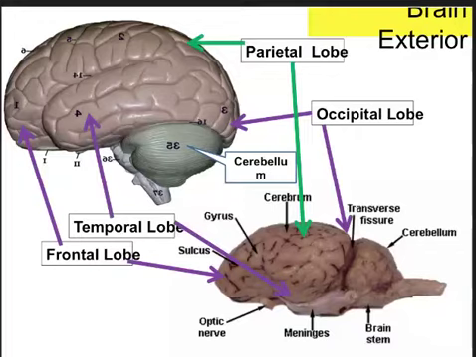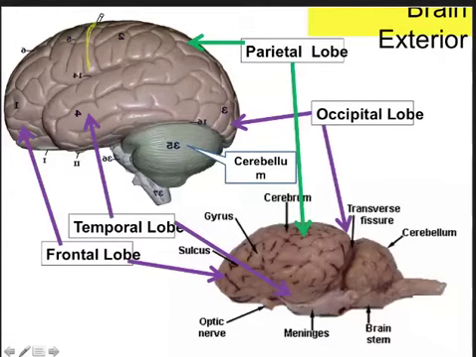These motor commands are assembled in the frontal lobe, and then they're sent to an area of the brain right about here, this little groove, this little ridge that I'm tracing, and that's called the motor cortex.